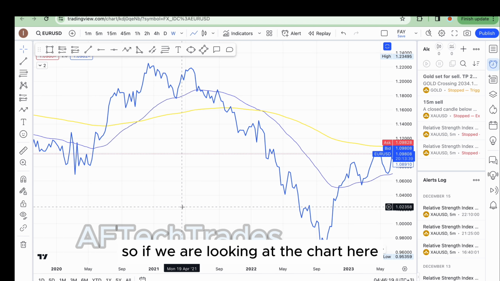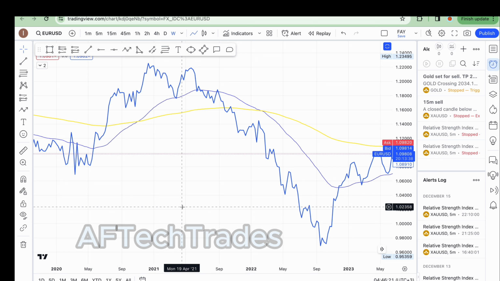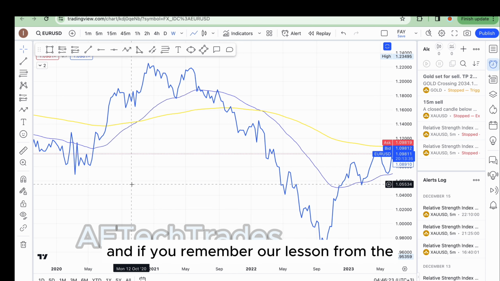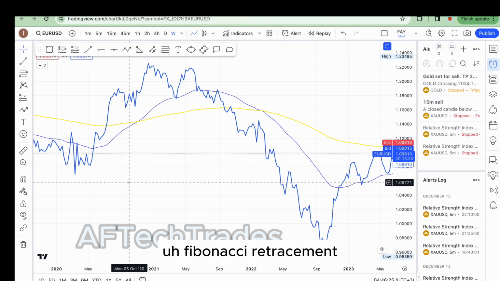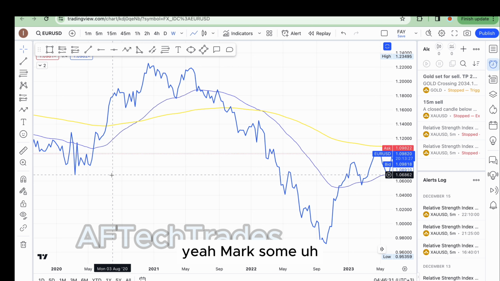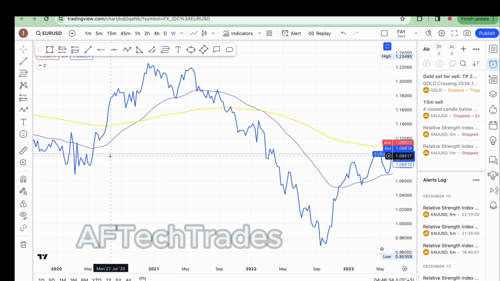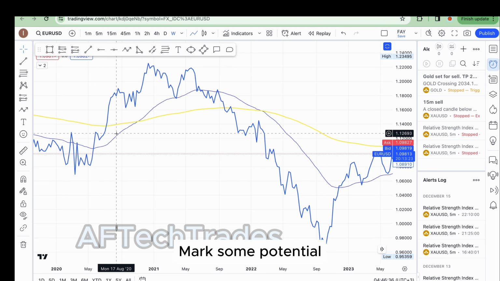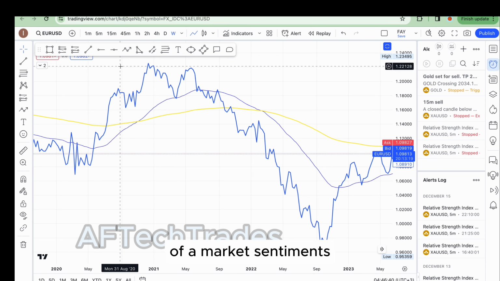And if you remember our lesson from the Fibonacci retracement, it's also a psychological tool that helps us mark some potential turning points of market sentiment.